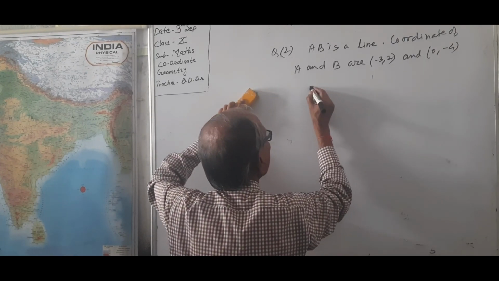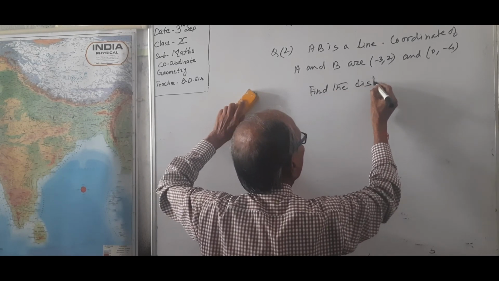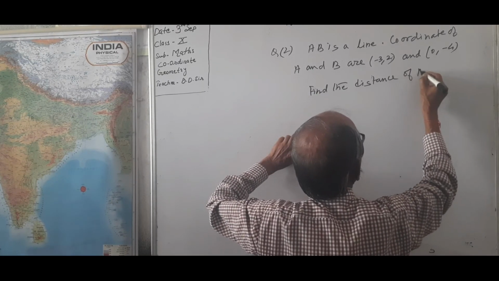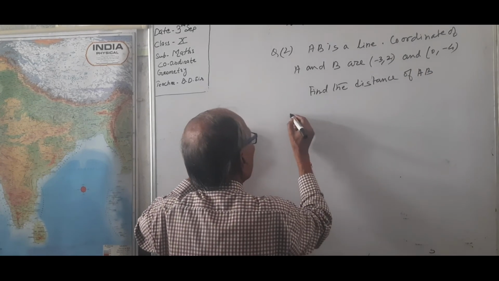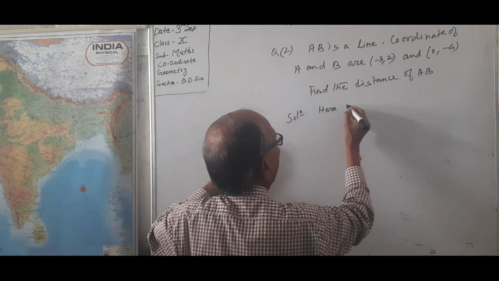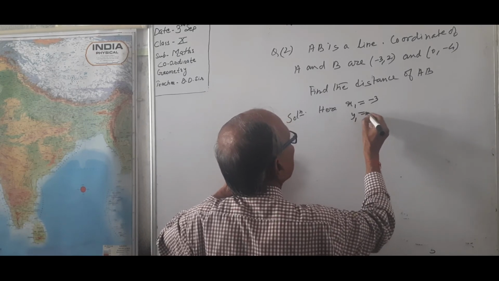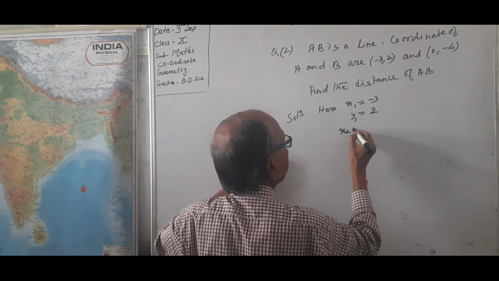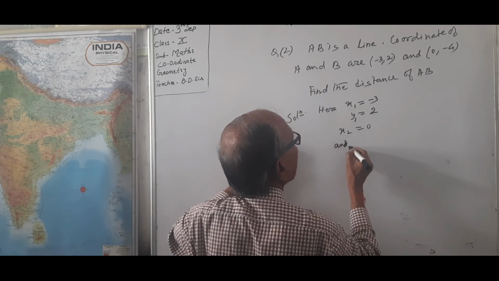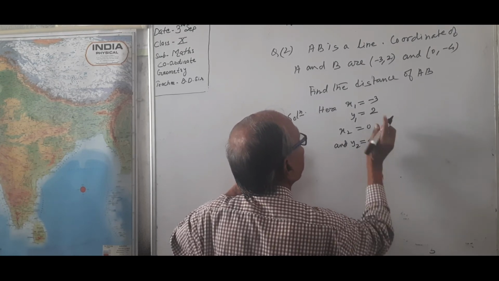Find the distance between AB. Solution. Here x1 is equal to -3, y1 is equal to 2, x2 is equal to 0 and y2 is equal to -4.